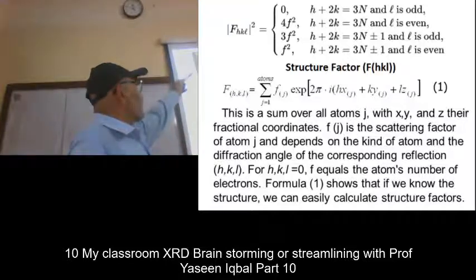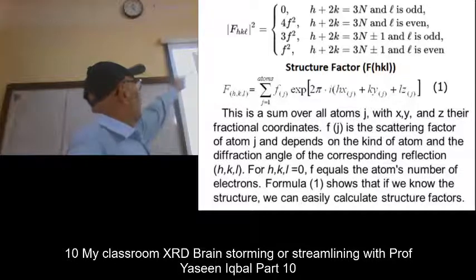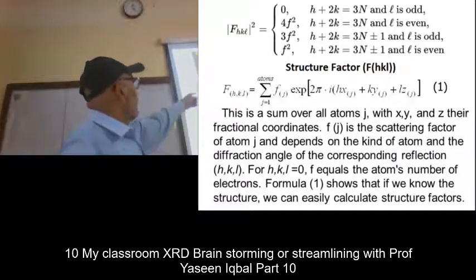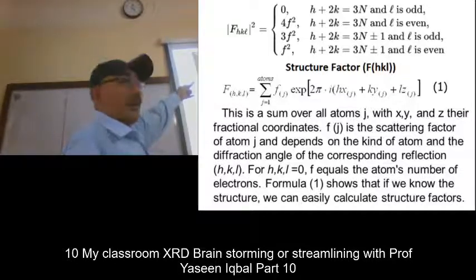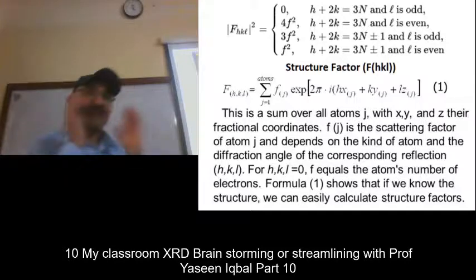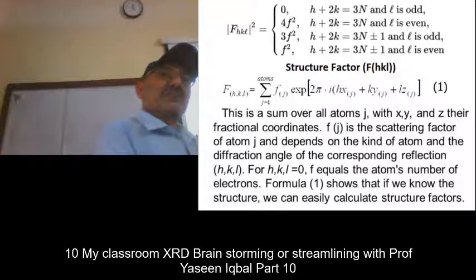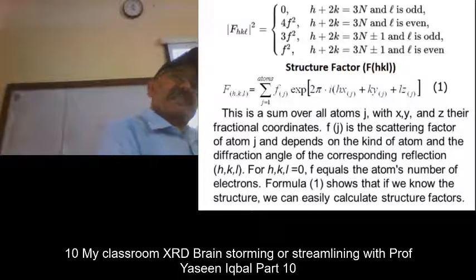Simple cubic, allowed. BCC, when it is odd, not allowed. When it is even, they are allowed. So when you look into specific reflections, from here you can guess the specific structure from which the diffraction pattern is coming.